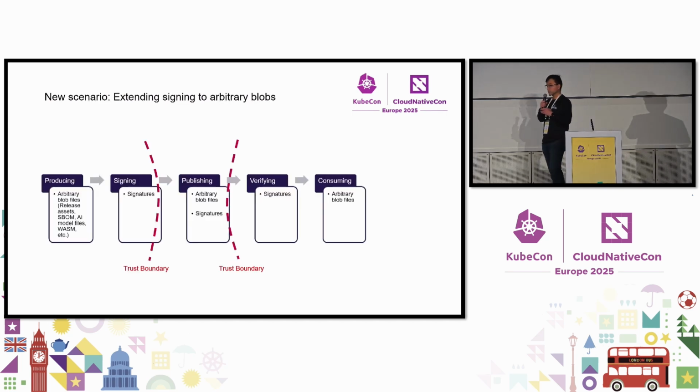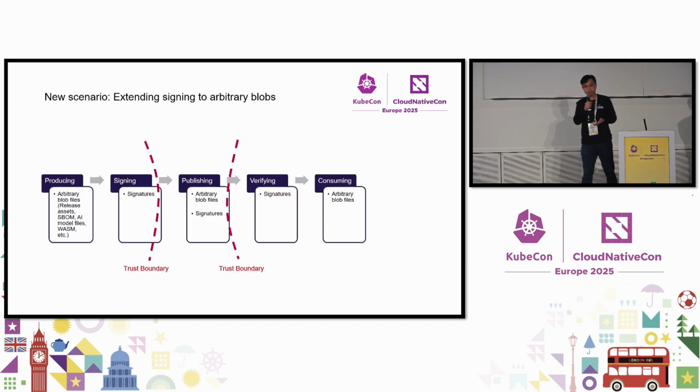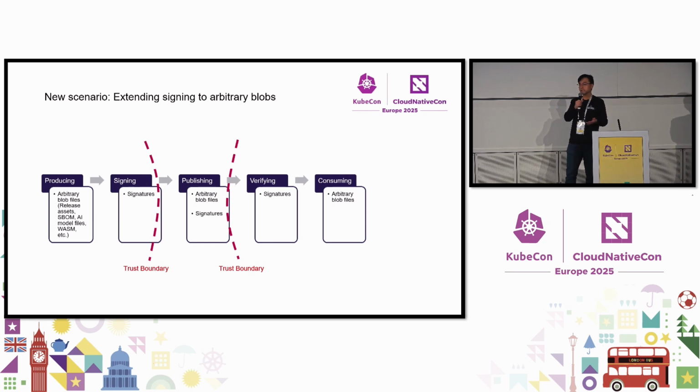Notary Project now supports new scenarios that expand the signing capability to arbitrary blob files. These are artifacts in cloud native that are not yet distributed as OCI artifacts. They are equally important for ensuring integrity and authenticity in the software supply chain.